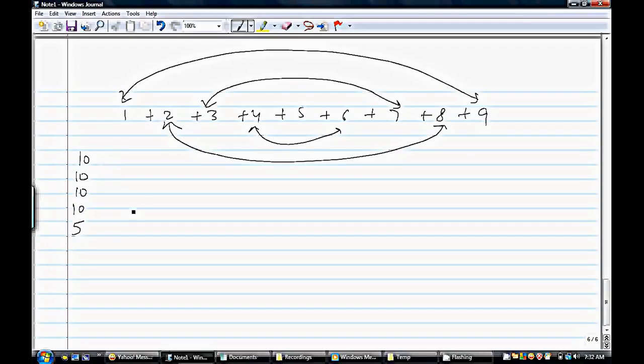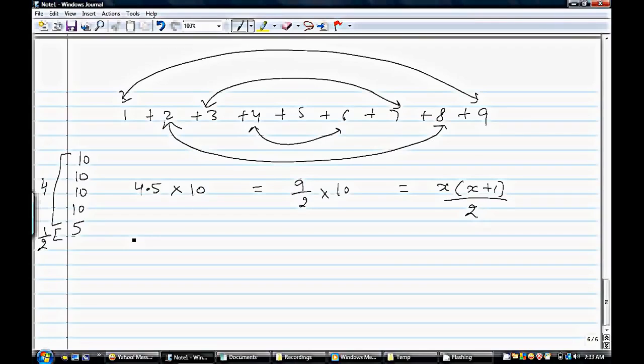So if you add all this up, it will be 4.5 into 10, that is 9 by 2 into 10. Yeah, so that is equivalent to x into x plus 1 divided by 2.